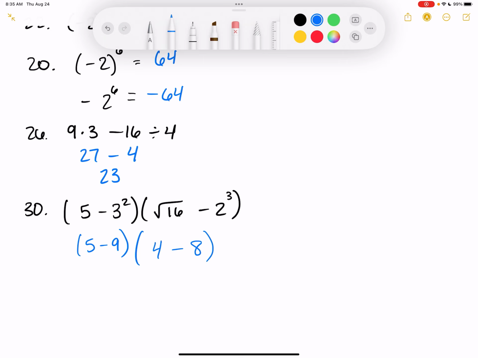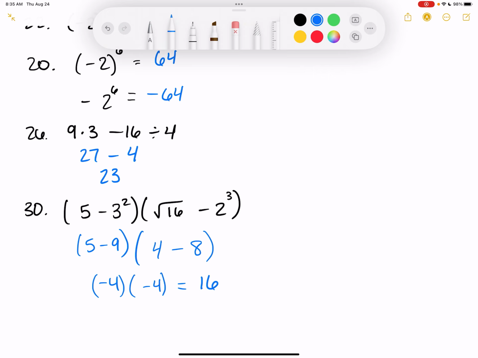And so then I've got negative 4 times negative 4, which is positive 16. Any questions about any of those ones so far? Anything? Cool.